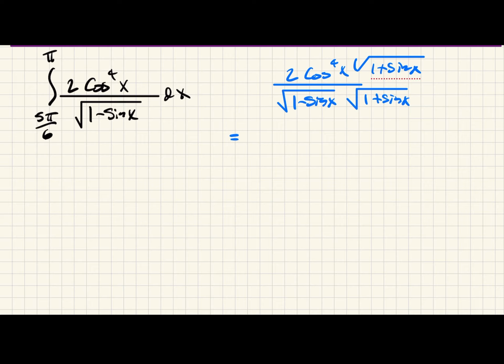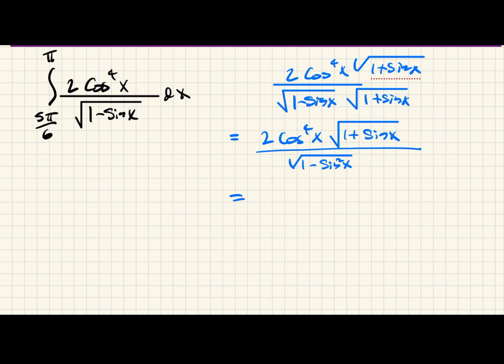Now we end up with 2 cosine 4x square root 1 plus sine x over square root 1 minus sine squared x, right?